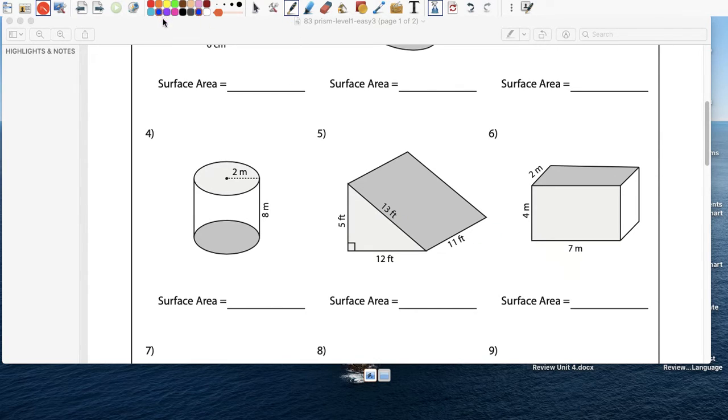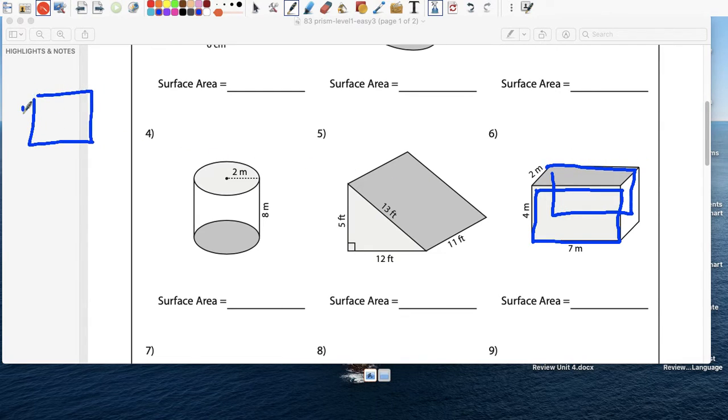So this is a rectangular prism. Let's look at that. There's one here, and there's one in the back, right? If you look at it, it's 4 by 7. And in the back is the same thing, 4 by 7. So base times height, 7 times 4 is 28, and 7 times 4 is 28. So we have 2 of those.